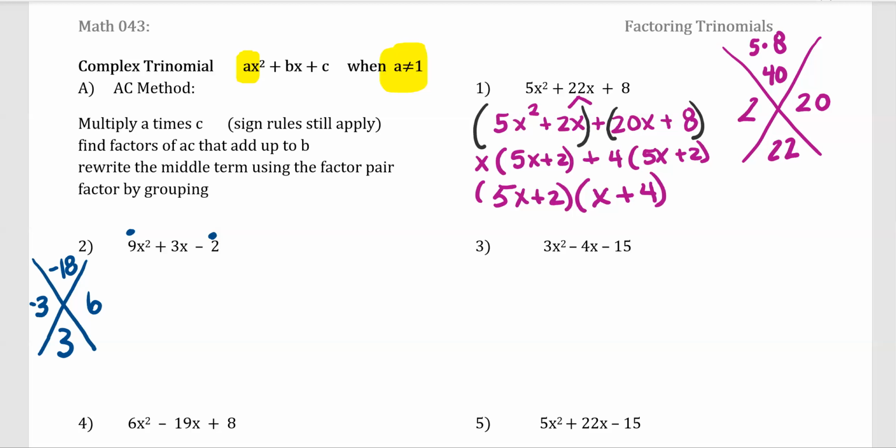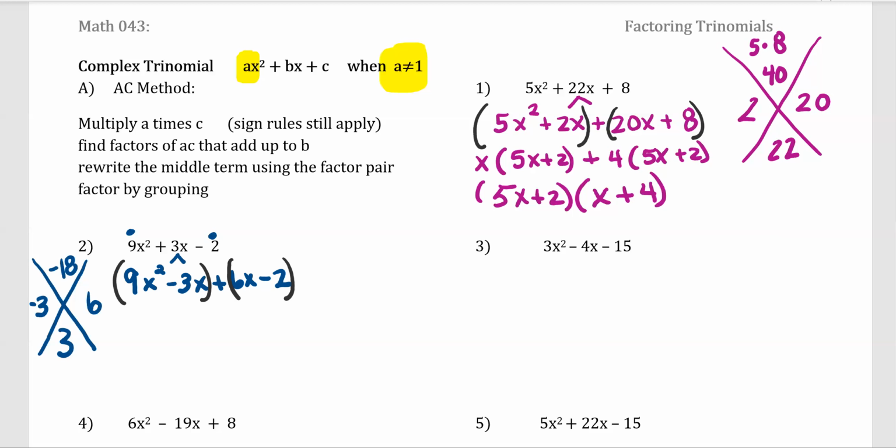So it's going to be a negative 3. When one of the factors is negative, I would suggest you write it right after the squared term. So 9x squared minus 3x plus 6x minus 2. And then factor by grouping.